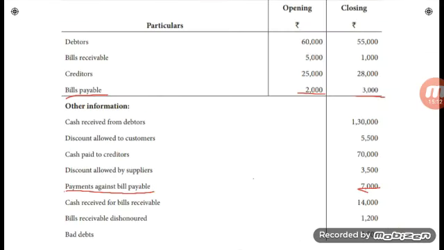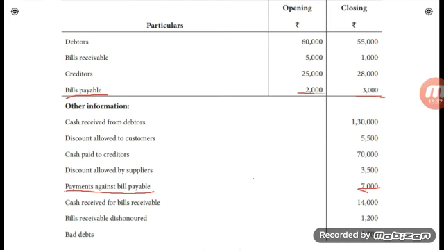Okay, children. Next, preparation of bills payable account. Draw the bills payable account. Bills payable is a liability. Enter the opening balance on the credit side as by balance brought down, amount 2,000.